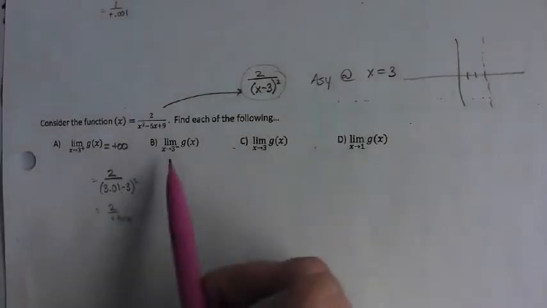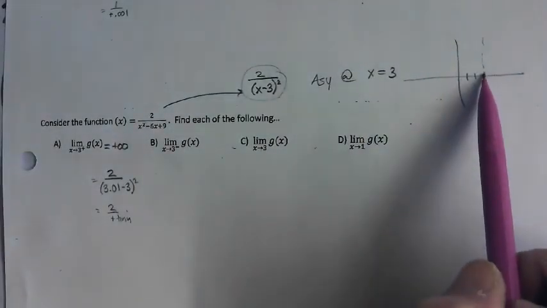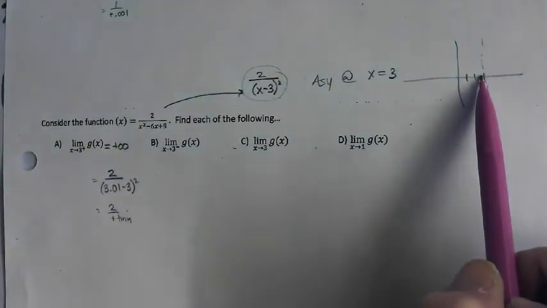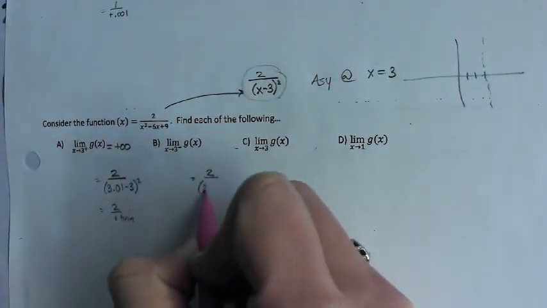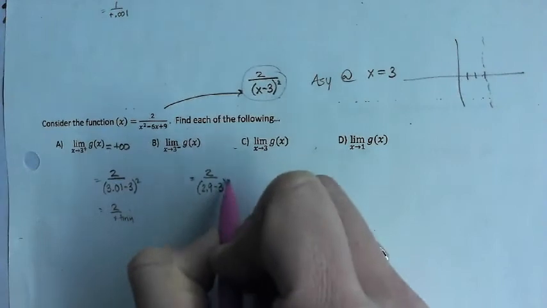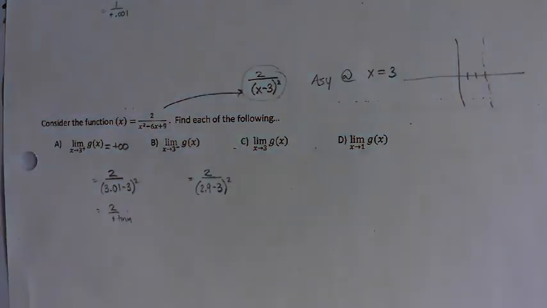And then if we're approaching 3 from the left, 2.9 should be good enough to check. So if you brainstorm with 2.9, this should give you some physical evidence as to why that asymptote being squared causes them to go in the same direction, right?